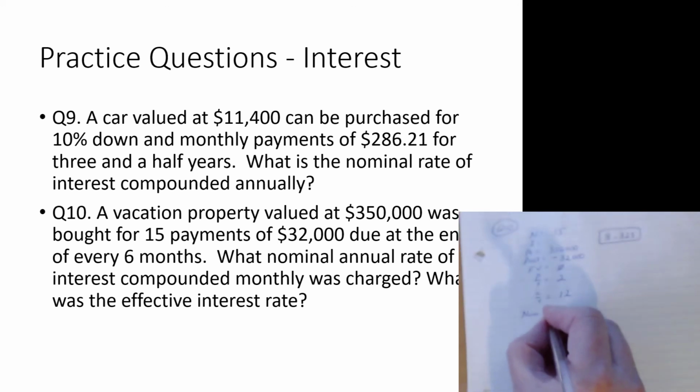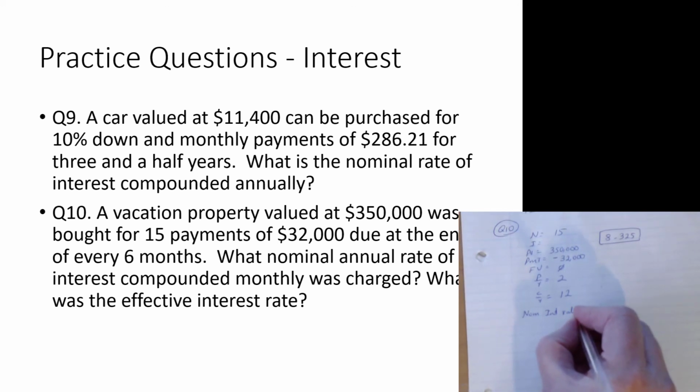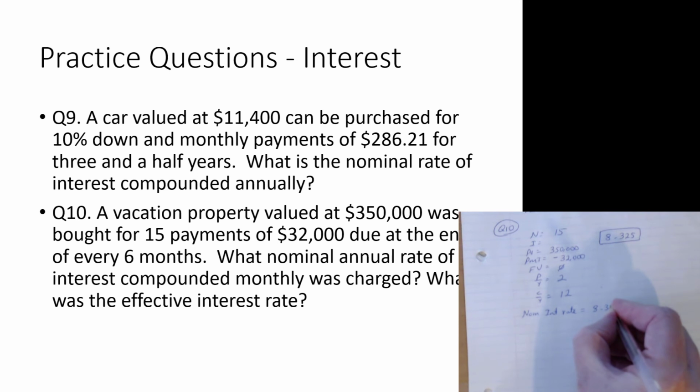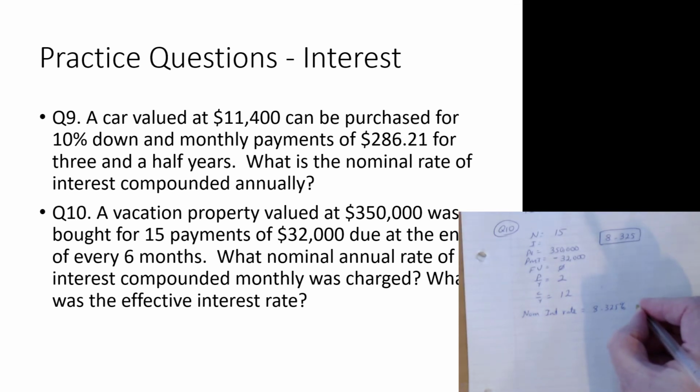So the nominal interest rate is technically 8.325% compounded monthly. We want the equivalent, the effective interest rate, or the equivalent annual rate, or the annualized percentage rate, APR. That is essentially a compounded annual rate. So we wanted this compounded annual equivalent.